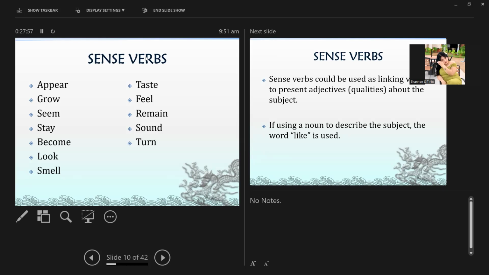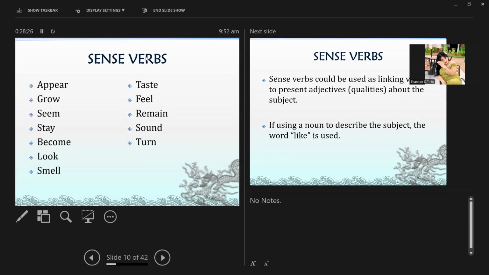So, these are sense verbs. When you express your senses, these are the verbs that you would usually use. Okay? Appear. Ang sense na to is sense of sight. Because you can describe something like an apple. The apple appears to be very juicy and sweet.